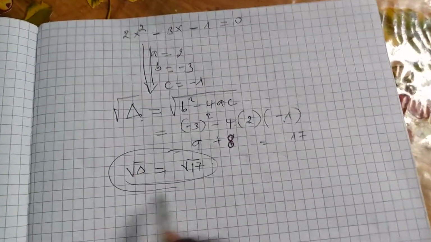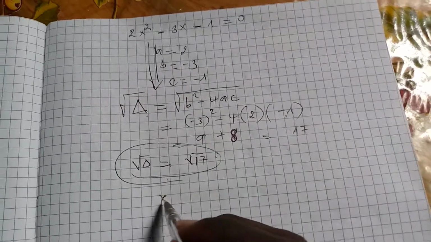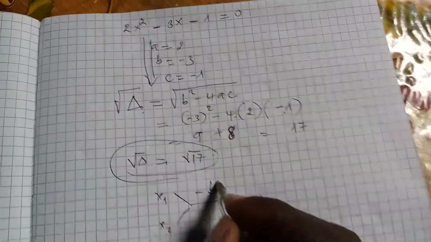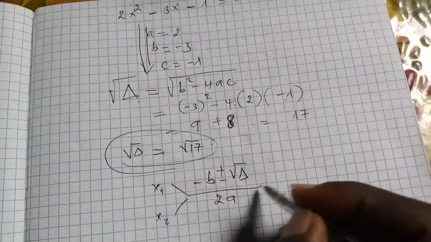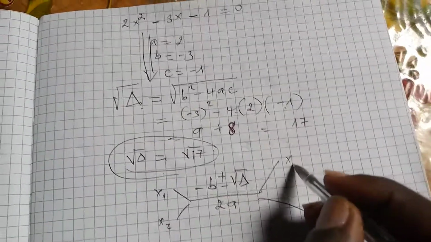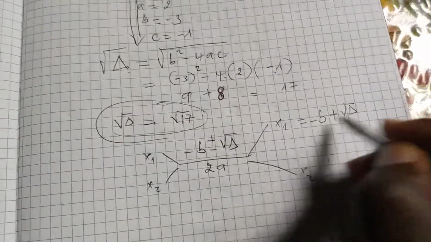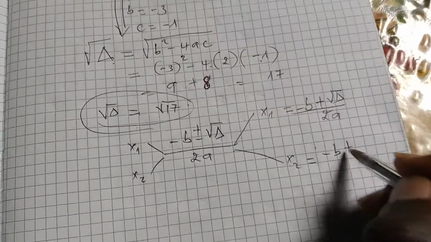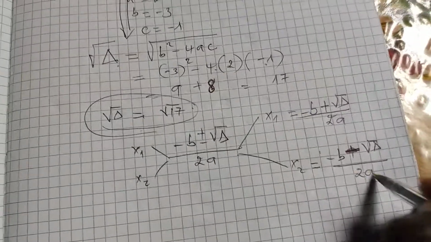So this is the value of the discriminant, and we know that for x1 and x2 we have to find them by using minus b plus or minus the square root of the discriminant over 2a.